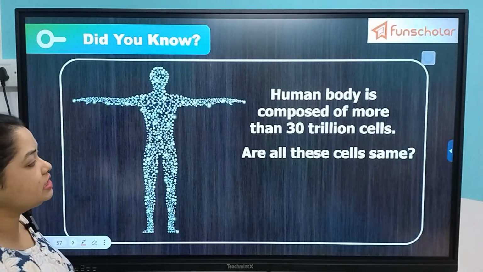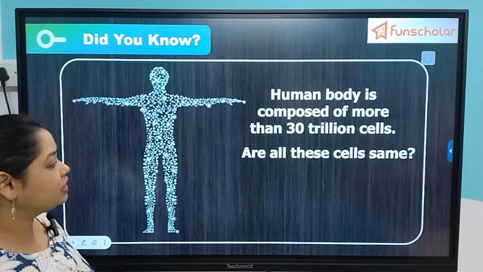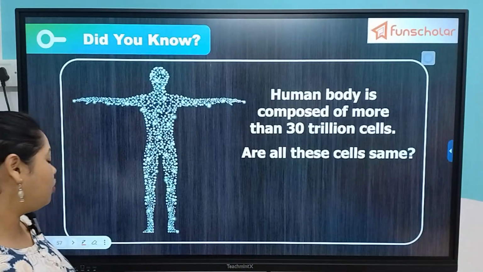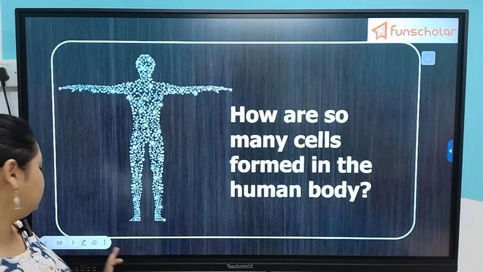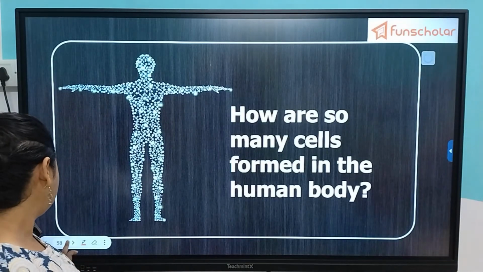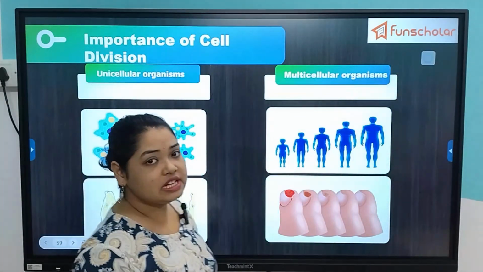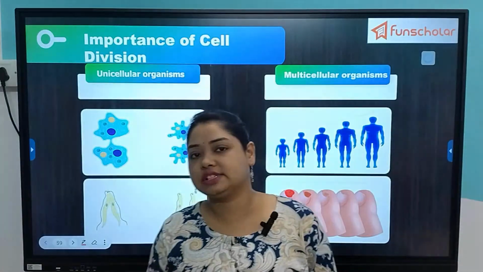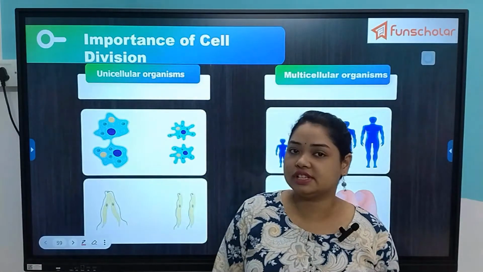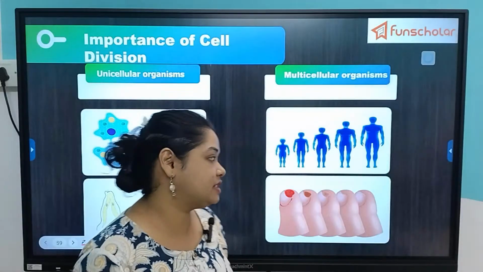Now, the human body is composed of more than 30 trillion cells, but all the cells are not alike. So, how are so many cells formed in our body? Obviously, we have the process of cell division, through which new cells arise from the pre-existing cells.